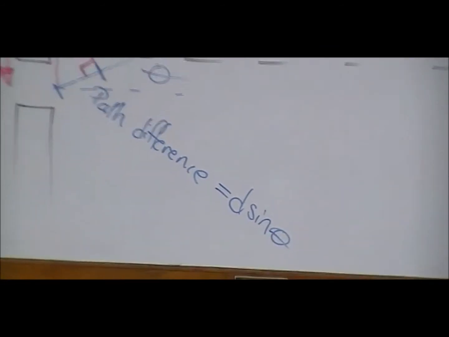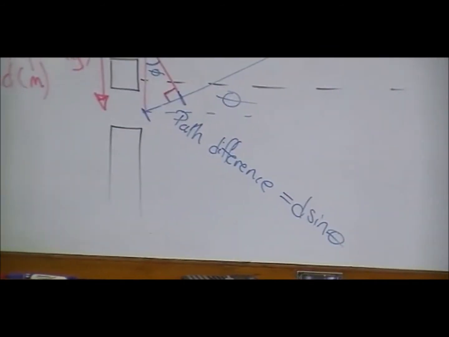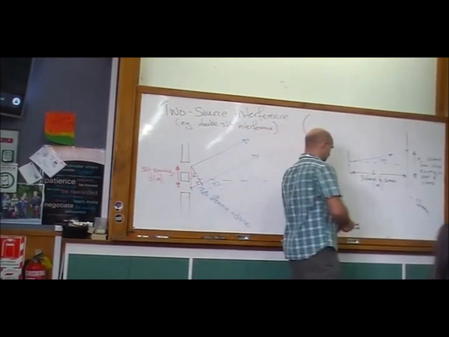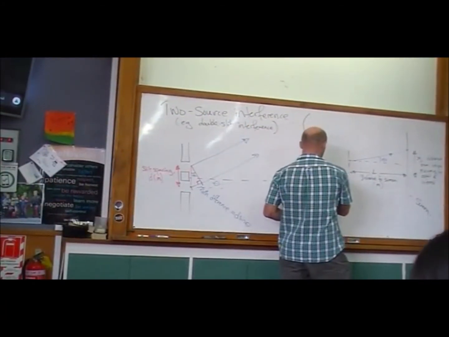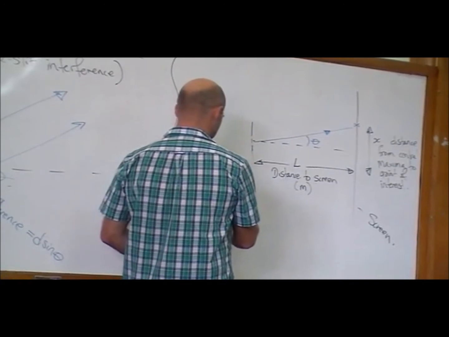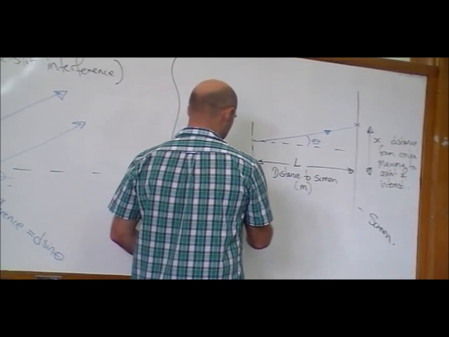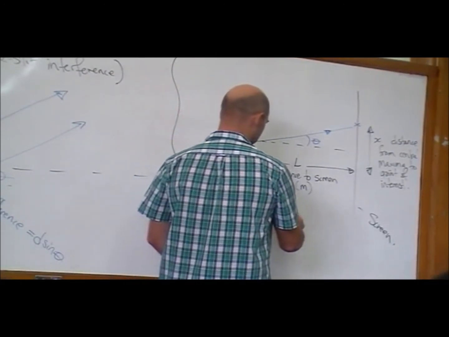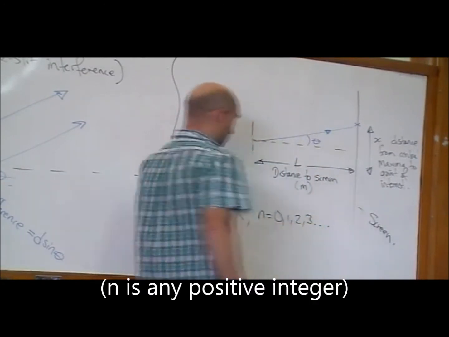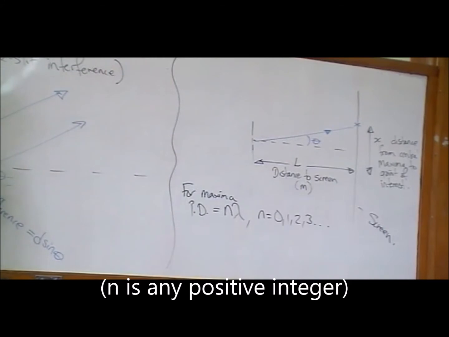We know that for a maxima to form, what does the path difference have to be? For a maxima, path difference is equal to n lambda, where n is 0 or 1 or 2 or 3, any of those numbers.